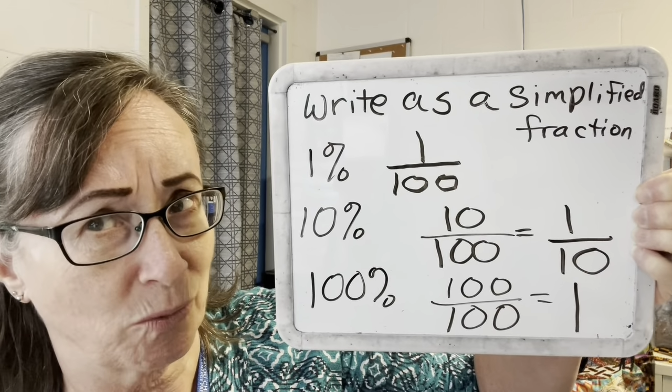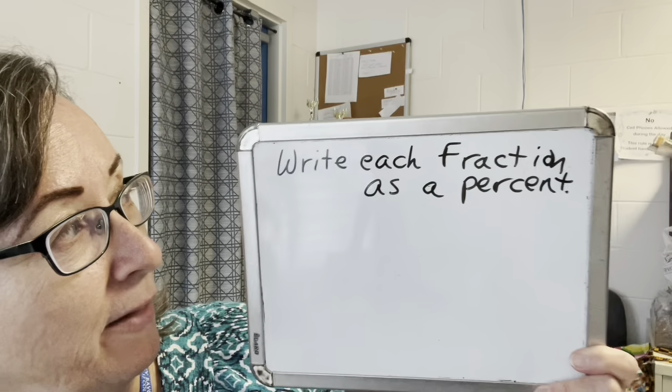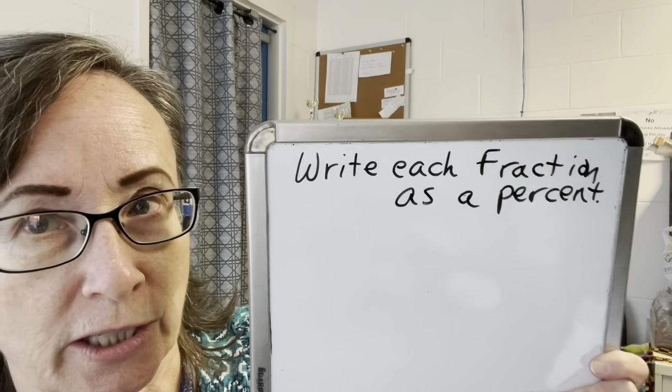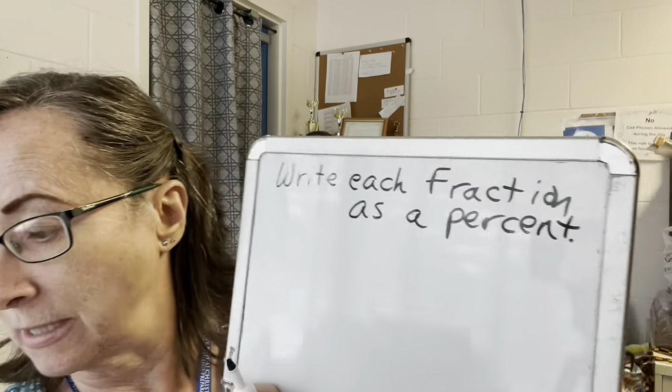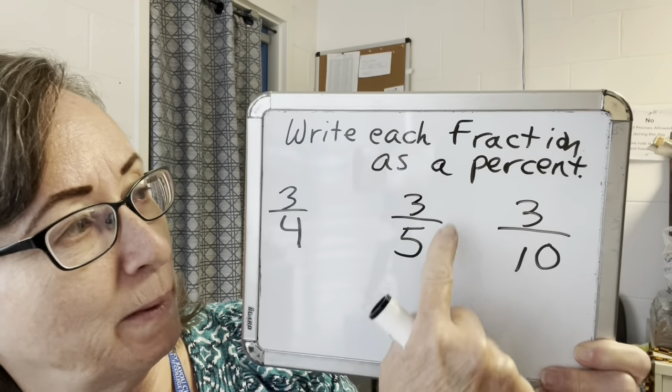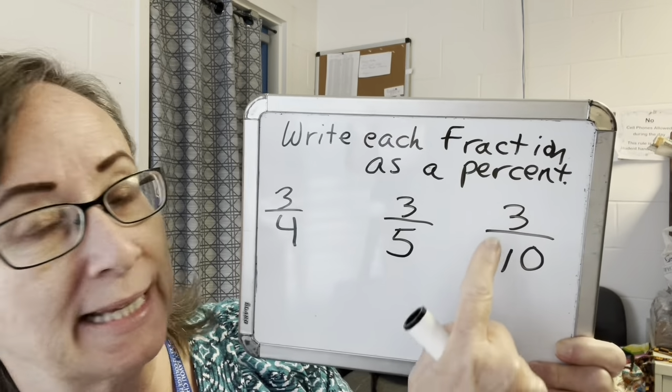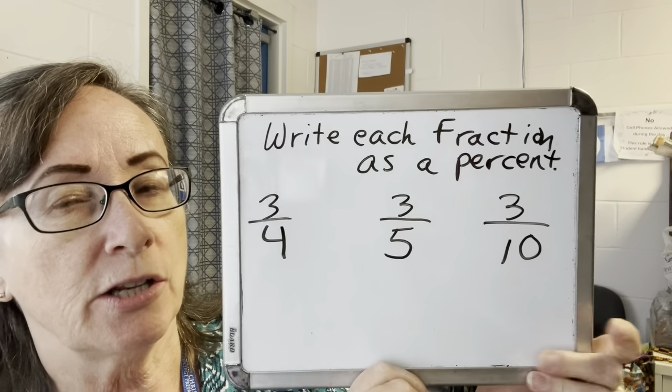Then example 2 says we're going to go the other direction. Write each fraction as a percent. I didn't write the fractions; here they magically appeared. So we're going to change 3/4 to a percent, 3/5 to a percent, and 3/10 to a percent.